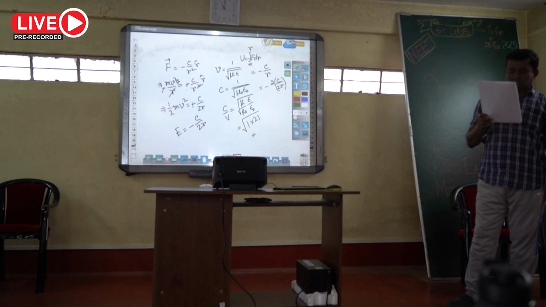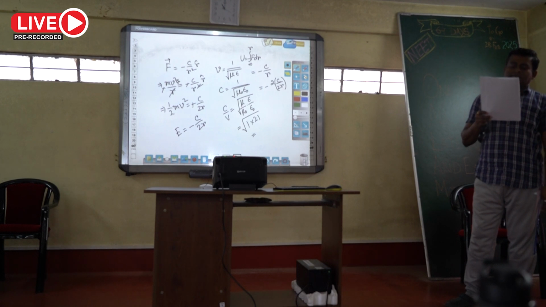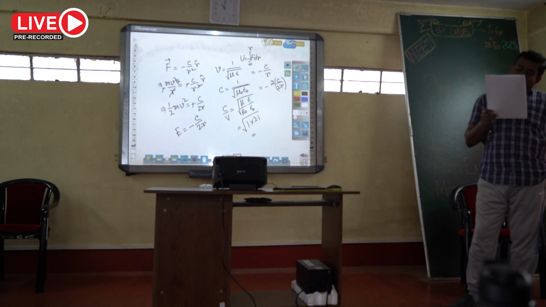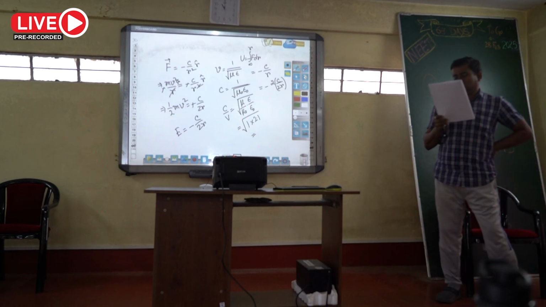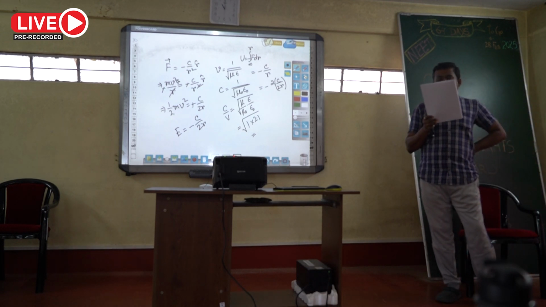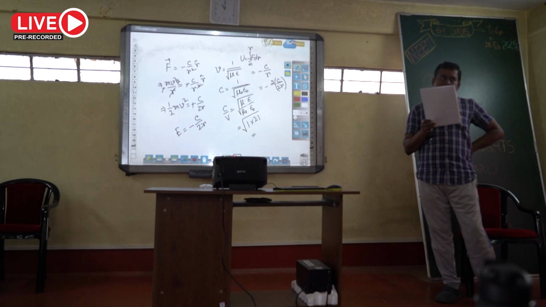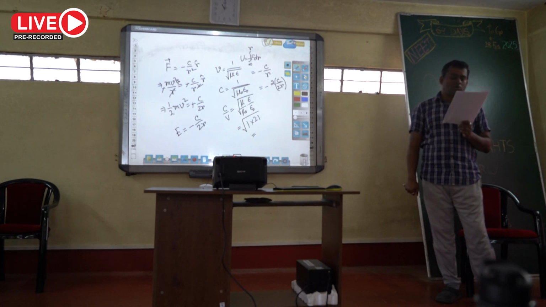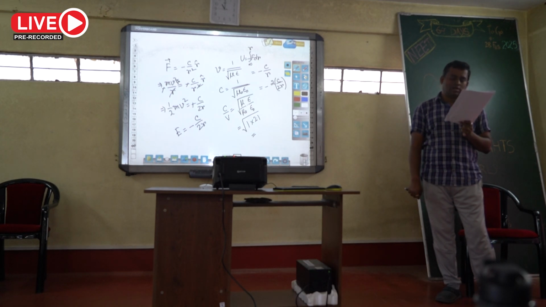77. A cyclic process is shown in the VT diagram. The process in the PT diagram will be, see, first process is A to B. A to B is a straight line passing through the origin. So pressure remains constant, following Charles law. So pressure constant in this diagram is first option, AB, pressure constant. AB is a horizontal line in option 1.